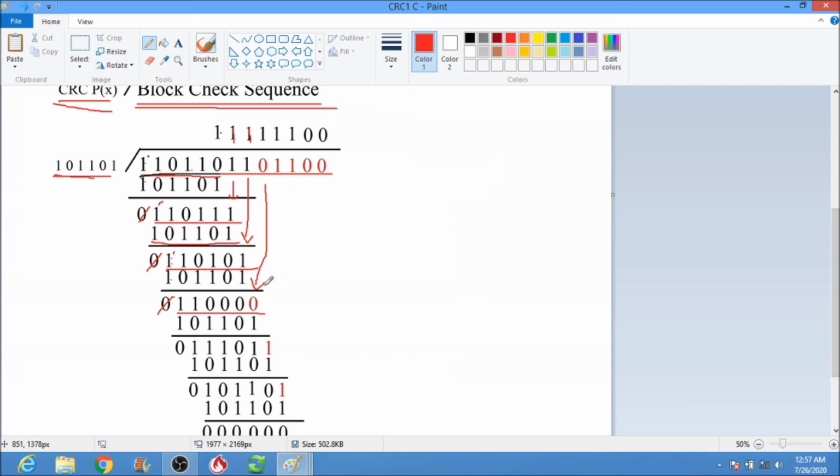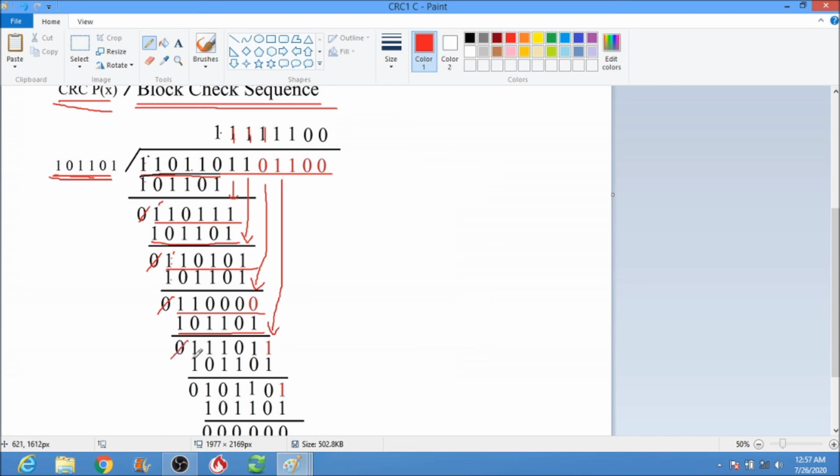So 1 times this one is, of course, this, and then we XOR. 1, 1 is 0. 1, 0 is 1. 0, 1 is 1. 0, 1 is 1. 0, 0 is 0. 0, 1 is 1. Then bring down 1. So we cross out this 0.